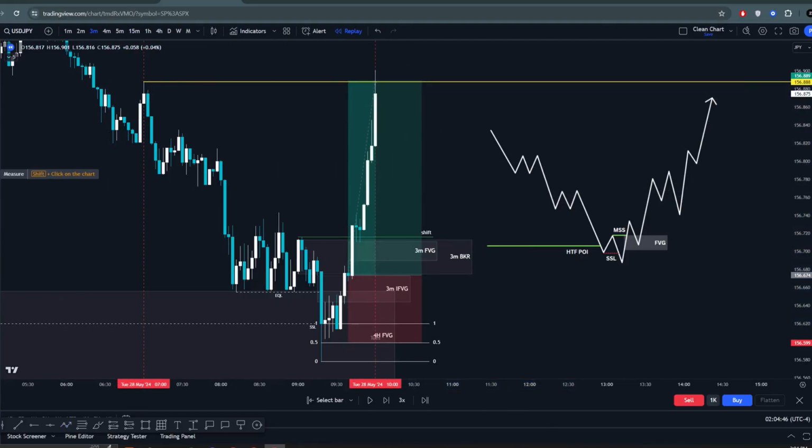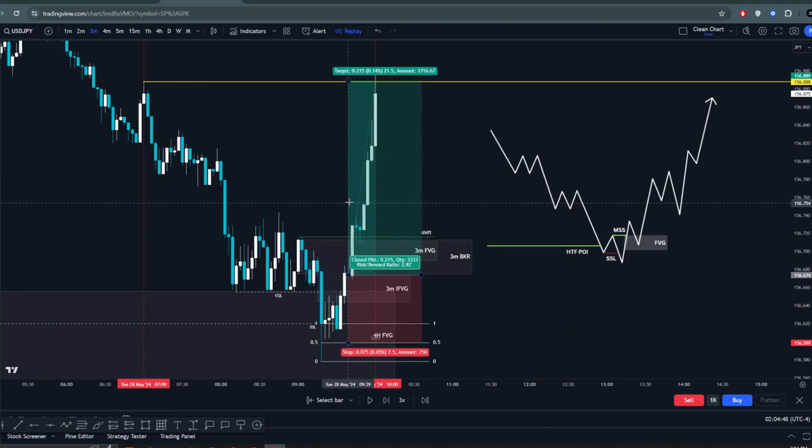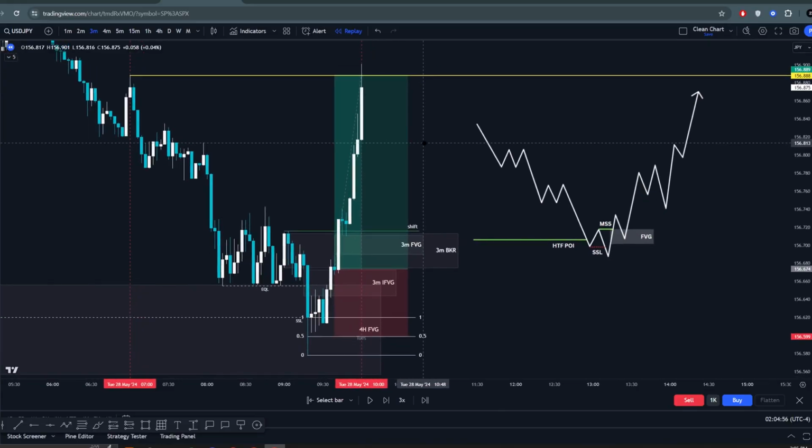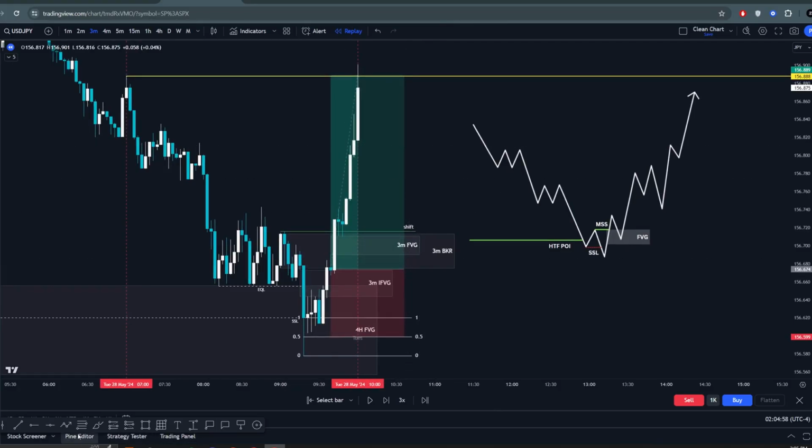We got our take profit hit in around 21 minutes, and now we got almost 1 to 3 risk to reward, which is a very good risk to reward, right? So once again, if the price wants to go higher, you want to see price go down first until we reach a higher time frame point of interest and a higher time frame liquidity.